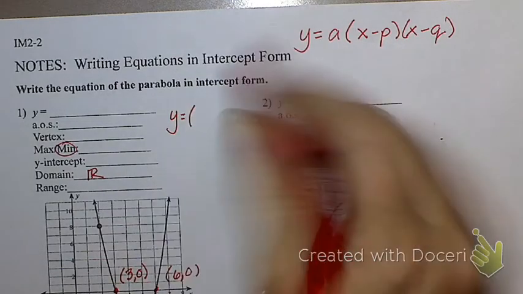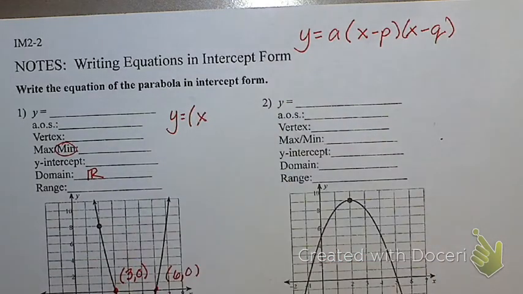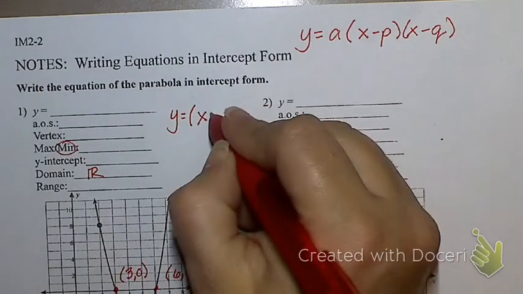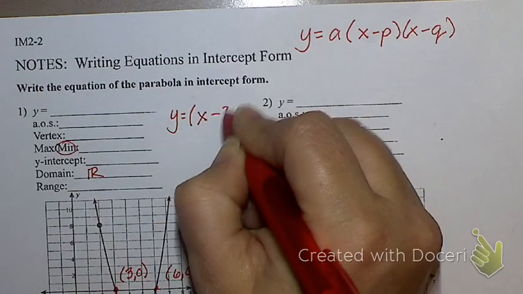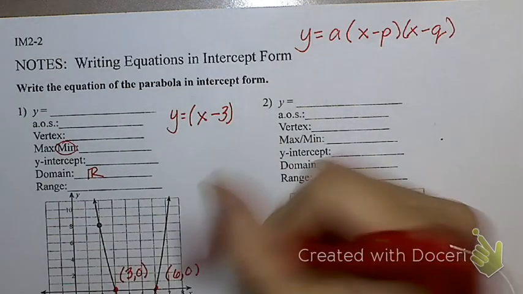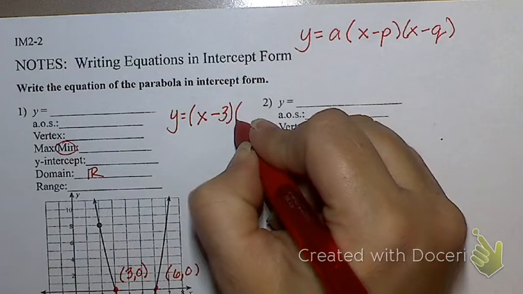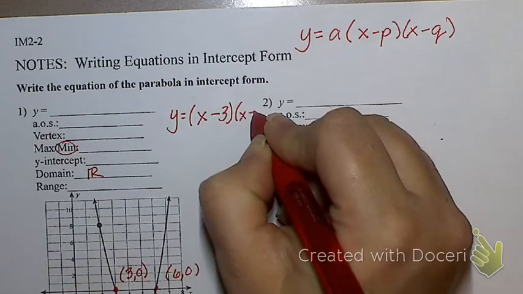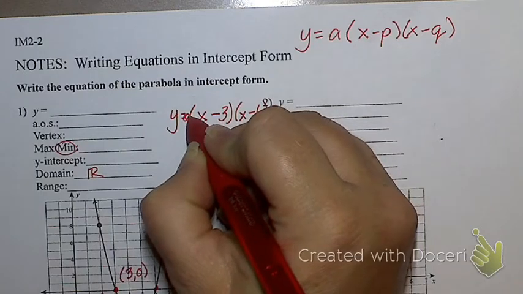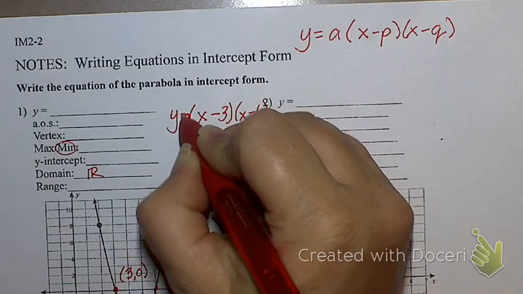But if 3 is my intercept, what does it look like in parentheses? Minus 3. Remember, you have to change that sign when you take it out. And if 6 is my intercept, the other parentheses is going to be minus 6, right? Oh, and I have an a right here that I forgot to write in. Pretend like there's an a there.